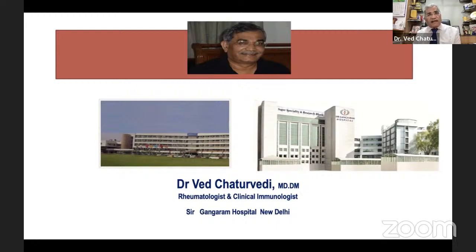It can affect the eye, so you have a problem in the eye. It can affect even the lungs, so you can have interstitial lung disease. So all those other issues are also there. Issues can be because of the drugs, or because of the disease itself.